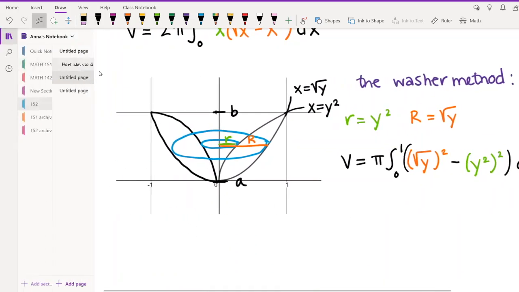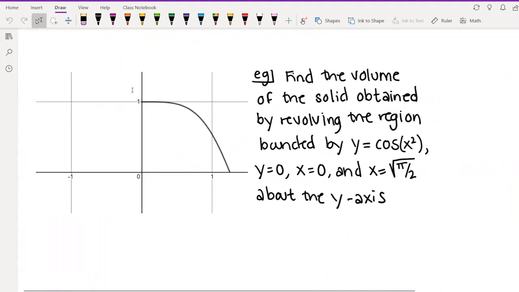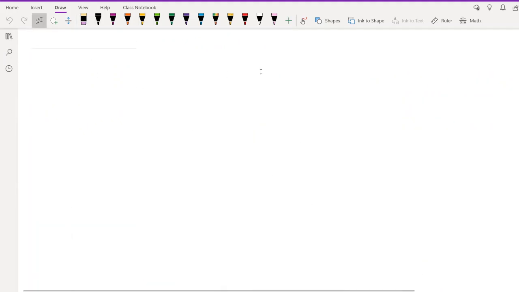Okay, so one last thing I want to mention is that sometimes there are going to be situations where maybe you can set up the integral, but either you can't evaluate it or the integral itself is difficult to evaluate.